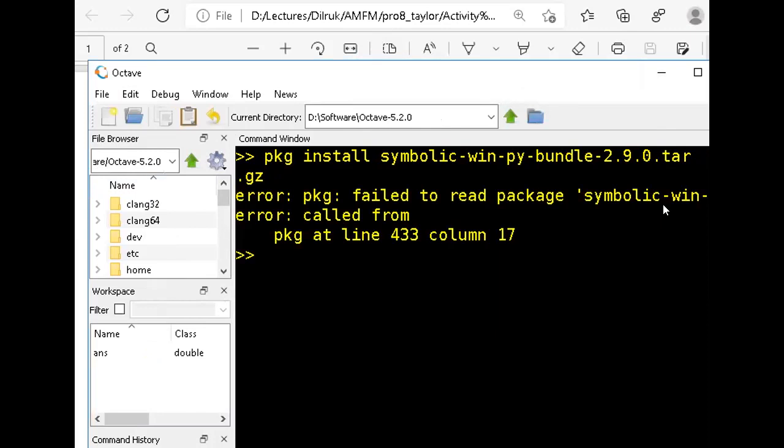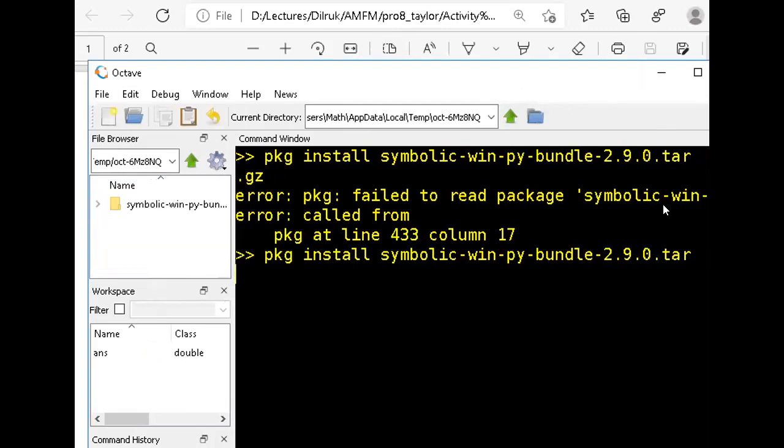I'm not sure whether I installed that. It's installing. I think you don't need to put the .gz. It's installing. Let's see, it takes time.